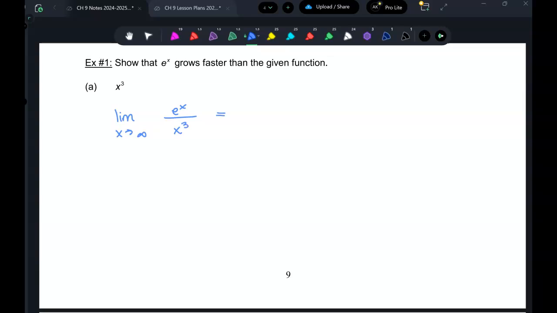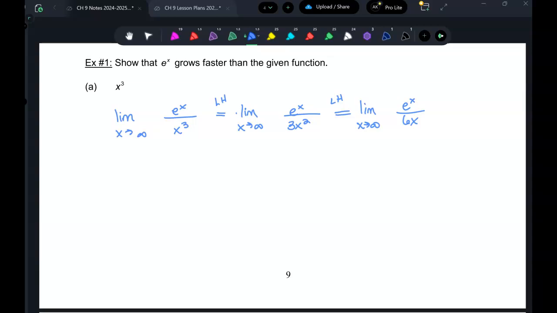Okay. So we want to show that it grows faster. So L'Hopital's rule. We get e to the x on the top and 3x squared. We do it again. We won't have to do this every time, by the way. I'm just demonstrating it because it's predictive.